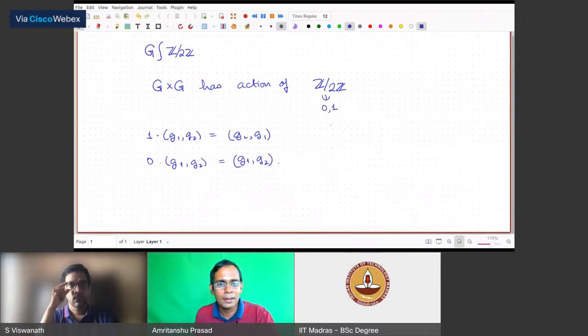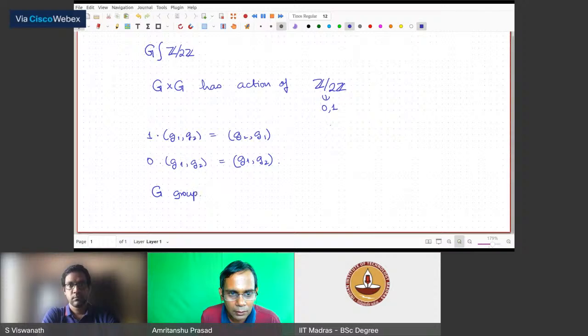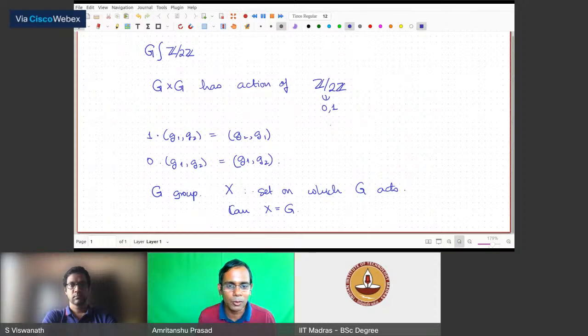The proper framework for a wreath product is that you have a group G acting on a set X. You can always take X to be G, so this is a little more general than what's described in problem 8. If X is G, then G acts on itself by left translation.